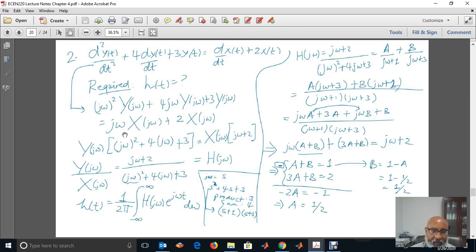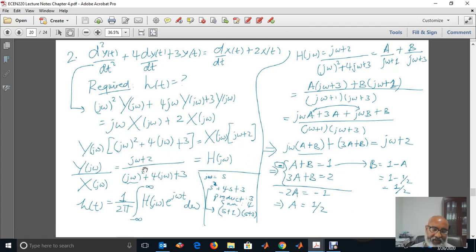Y(jω). Y(jω) times ((jω)^2 + 4jω + 3) is equal to X(jω) times (jω + 2). Then Y(jω) over X(jω) is (jω + 2) over ((jω)^2 + 4jω + 3), which is equal to H(jω).